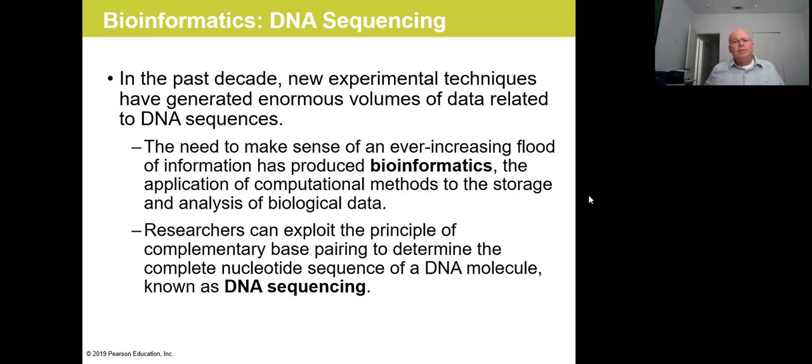So the next use of DNA technology falls under a heading called bioinformatics: the ability to make use of all of the huge amounts of DNA information that we have through DNA sequencing to start to understand how our genomes function.